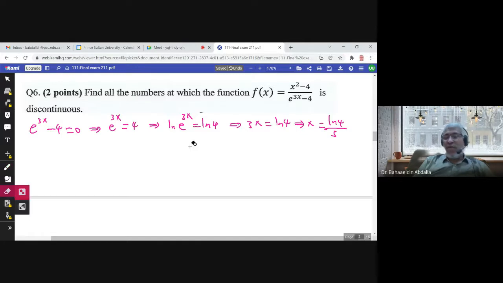So this is the zero of the denominator, and this is the number at which the function is discontinuous. So f of x is discontinuous at x equals ln 4 over 3. And it is continuous everywhere else, all real numbers except this number.